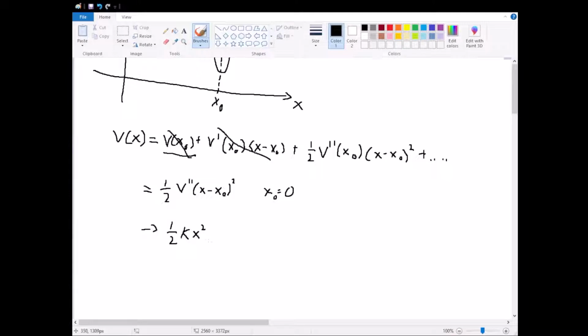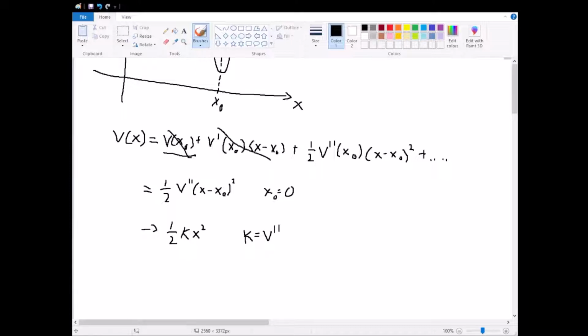So x minus x naught in this top case is also the distance from the equilibrium point, where x naught is our equilibrium point. If we set x naught to equal 0, then we have the identical system, except that k is actually equal to the second derivative V double prime.